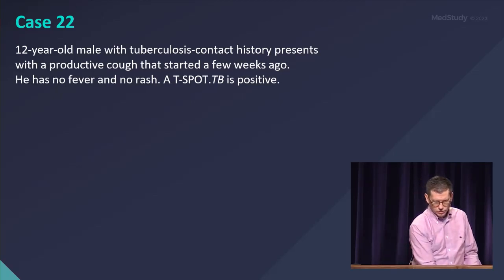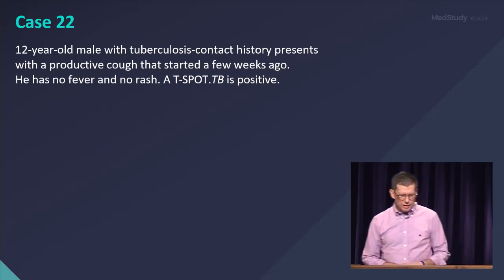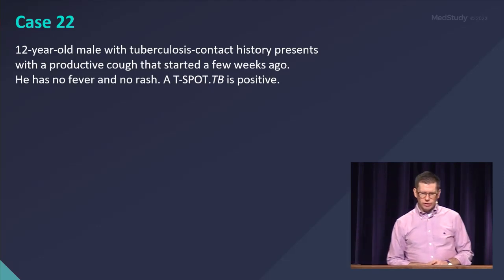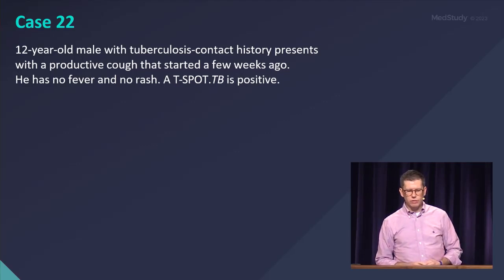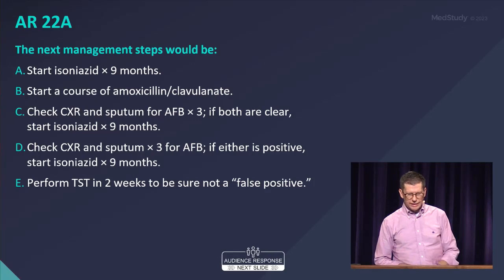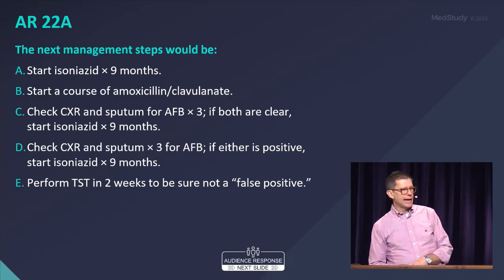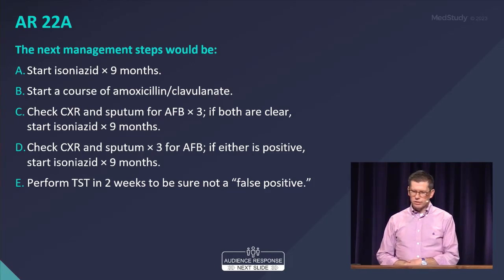All right, case 22. A 12-year-old male with tuberculosis contact history presents with a productive cough that started a few weeks ago. He has no fever and no rash. A T-spot for TB is positive. The next management step would be: A, start isoniazid for 9 months.